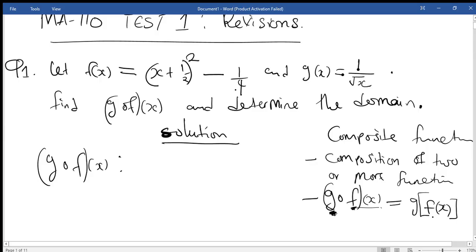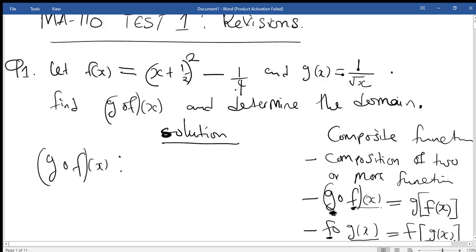But in a situation where we have f of g of x, this means we are standing in f, and in the function f, we replace x with a new function, g of x.